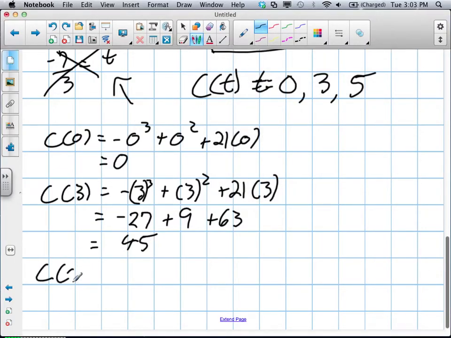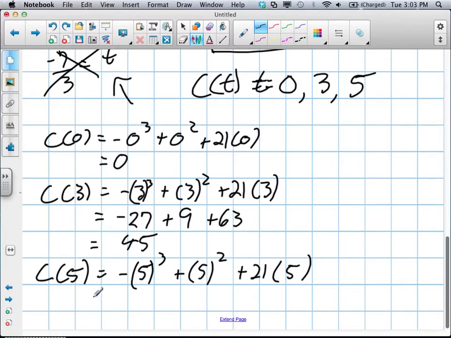And C of 5 is negative 5 cubed plus 5 squared plus 21 times 5, which is negative 125 plus 25 plus 105. That gives us just 5.